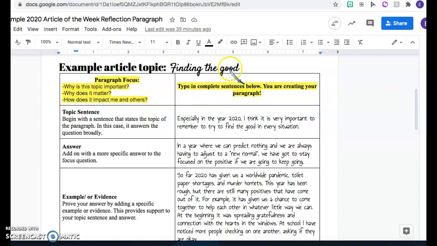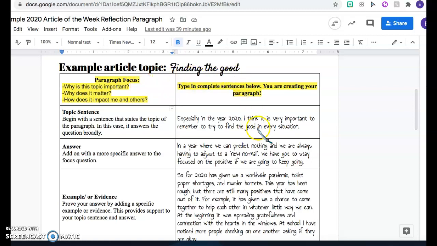In this example essay, I can tell from the first sentence that this person has chosen to focus on why the topic is important. The topic sentence is the one that will always be the first in your paragraph, and it will always state the main purpose. In this case, it's going to be a broad answer to the question. The question that this person is discussing is, why is the topic important?